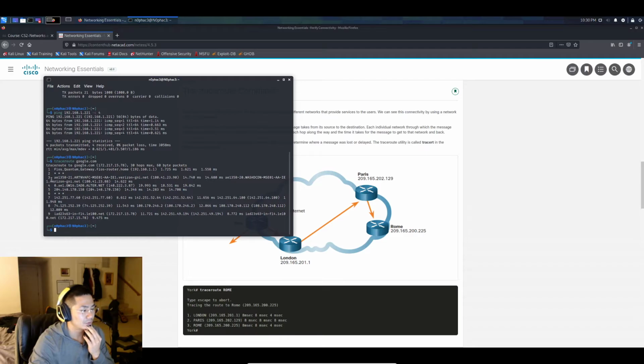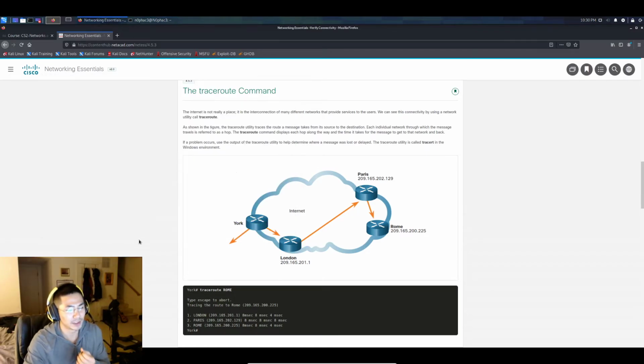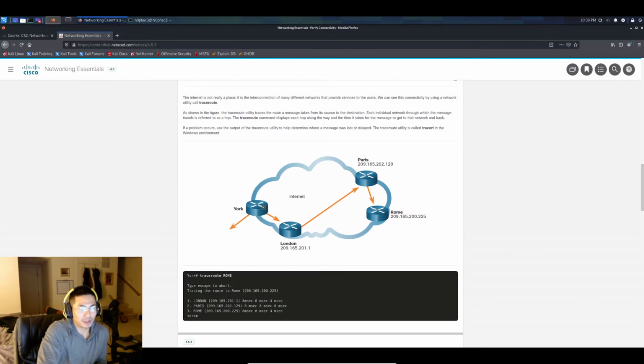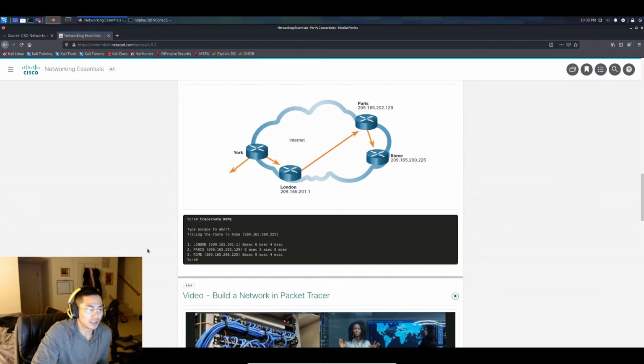But ultimately, it took 9 hops for my workstation to communicate with Google.com. So you're just counting the number of hops. And a hop is literally one router traveling to the next router, traveling to the next router. So this router going to this router, that's 1 hop, 2 hops, 3 hops, etc.